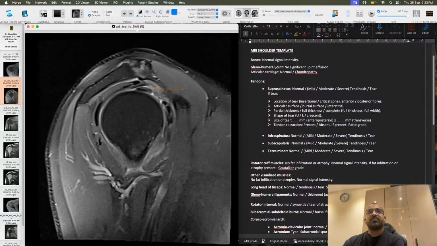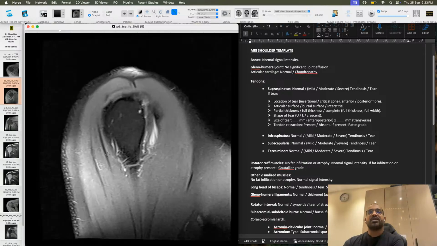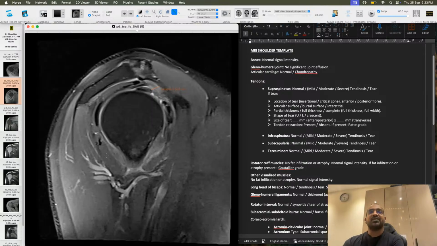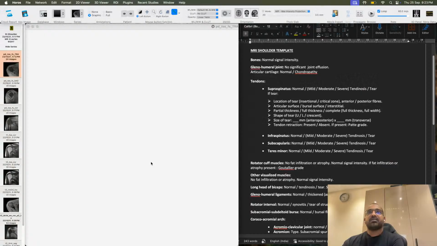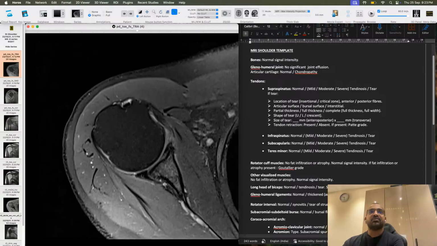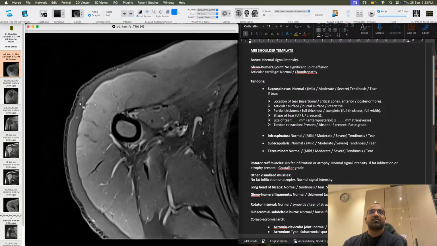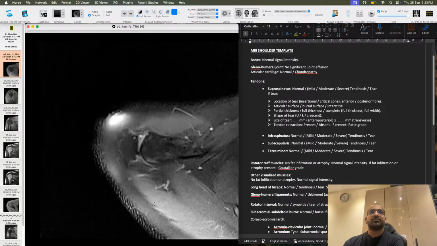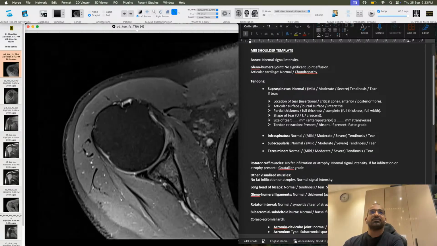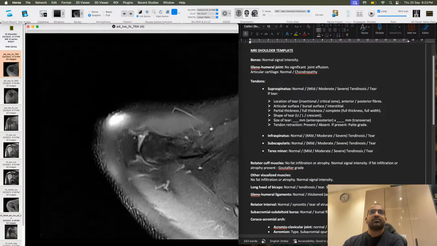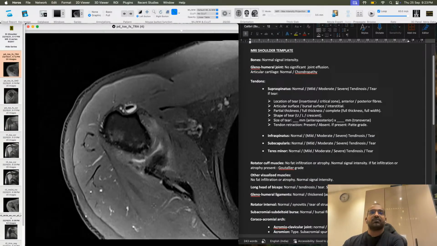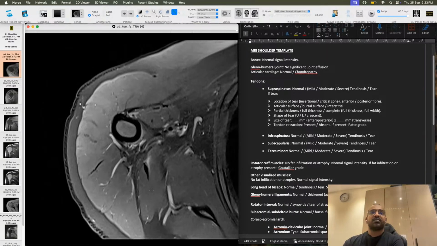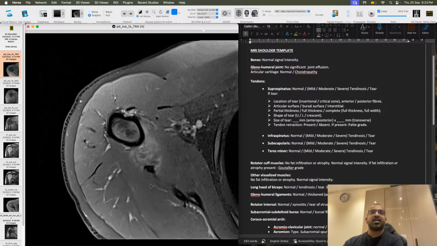Then about teres, if there is anything major about teres major, we need to mention. So where is teres major? If we go down, we can see. Actually, it starts here.